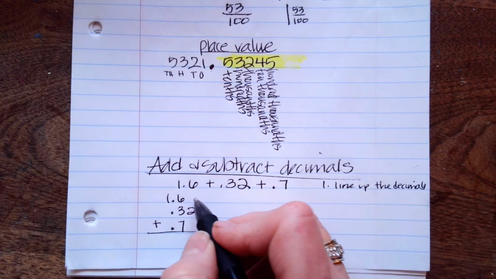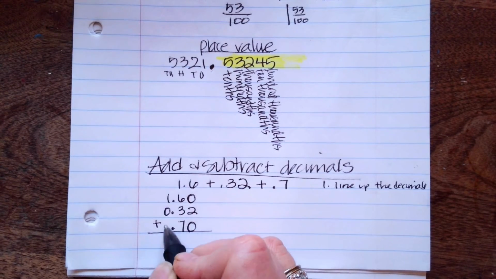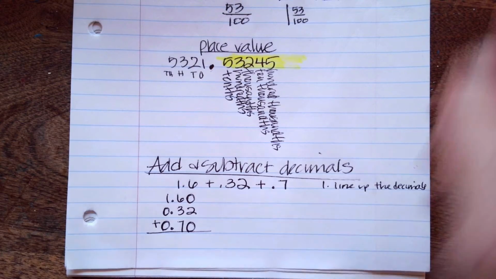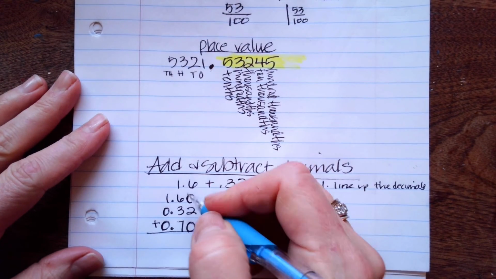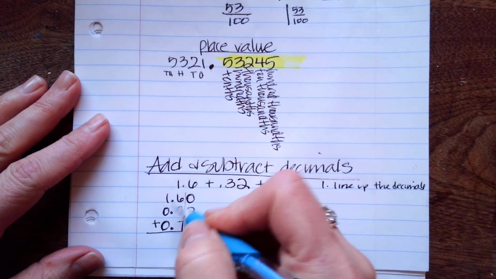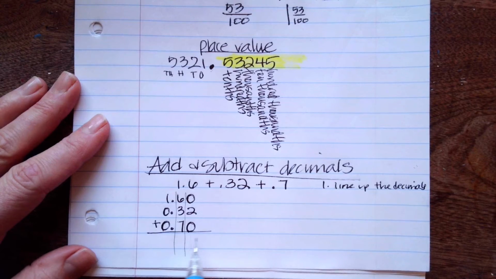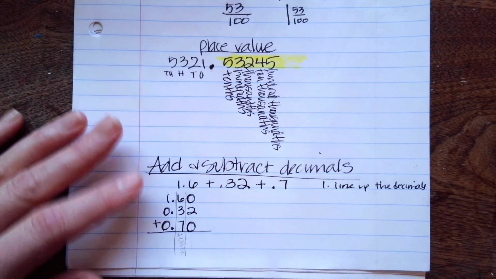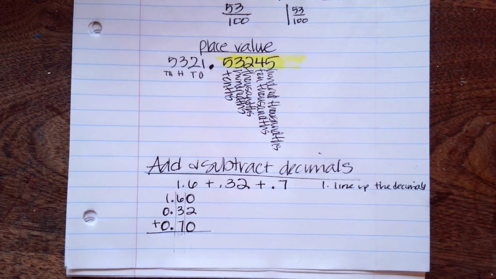So every hole that you see that doesn't have a number, we're going to fill them all in with zeros like this. So then I have my ones. It's not really ones, it's hundredths, right? Because we know after the decimal, this is the tenths and this is the hundredths.